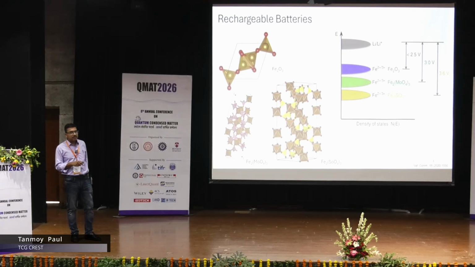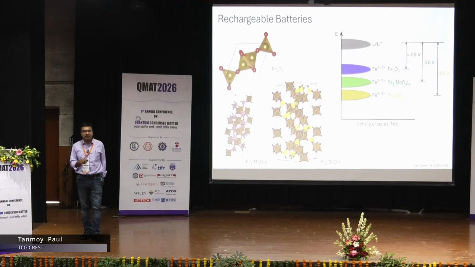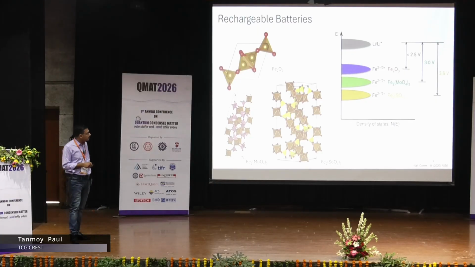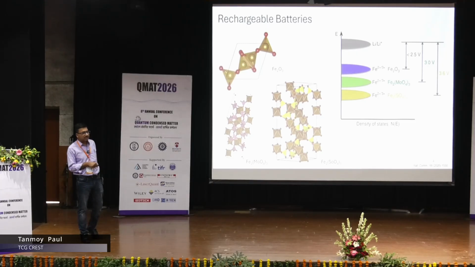Now we understood that cobalt could be a promising material from the cathode point of view. But even if we change the symmetry, for example, we could think about the same redox pair Fe2+ in different kinds of crystal systems, for example Fe2O3, Fe2Mn, MO4, and then Fe2SO4.